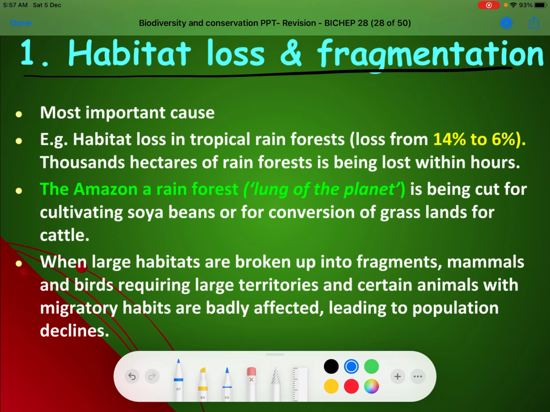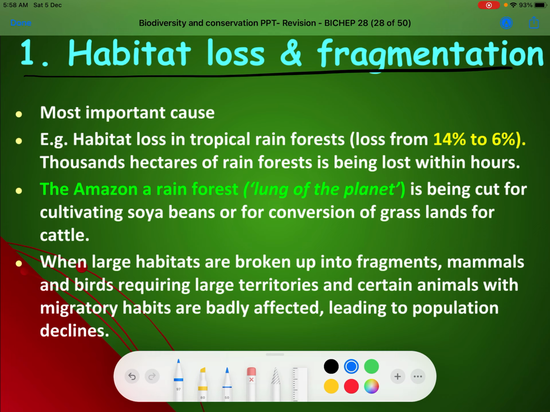So if their homes are no more, for example, if I am cutting down the tree where particular birds or insects are living, then they don't have that place anymore. Cutting down forest, which used to be the home of so many different species.